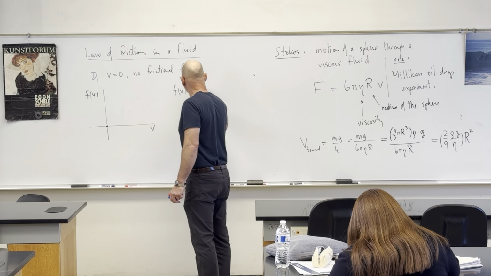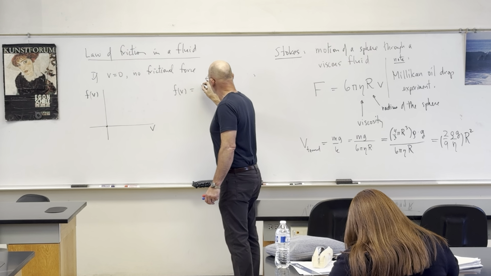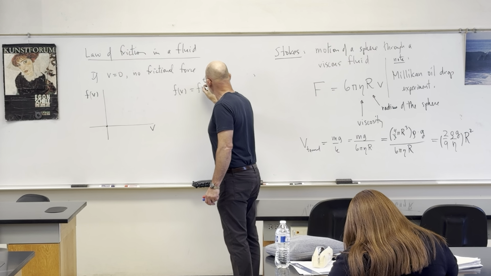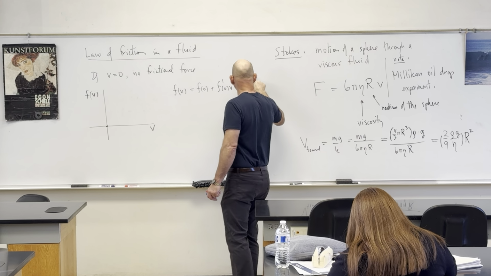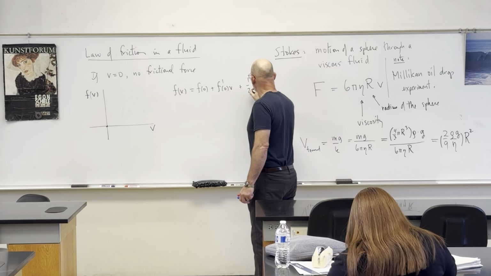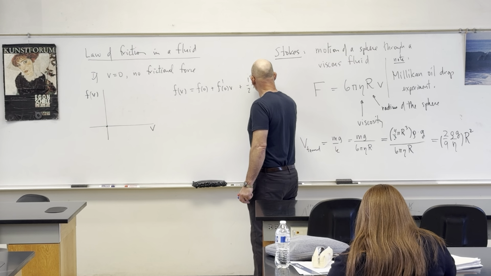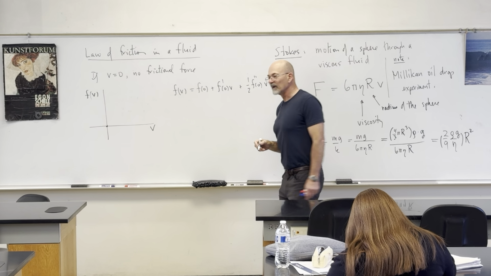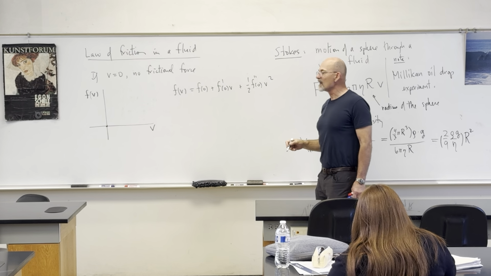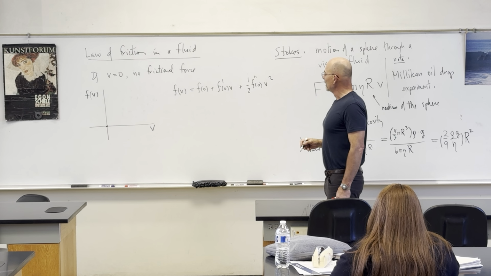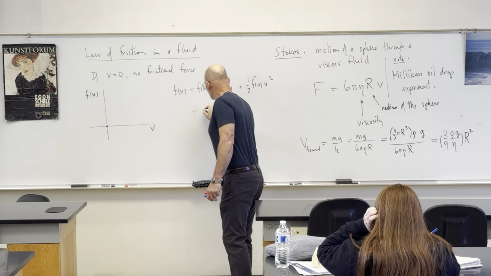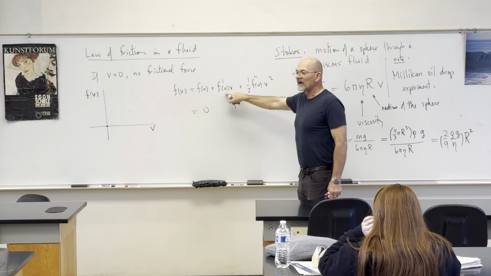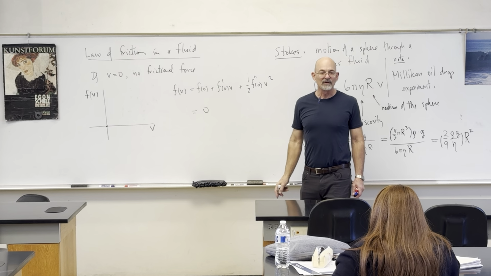So f of v is equal to f of 0 plus f prime of 0 v plus 1/2 f double prime of 0 v squared. So suppose there's a law like that, and apparently we've got our 0 here, so the first non-zero term is a linear term.